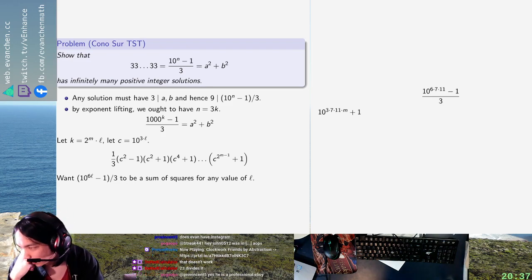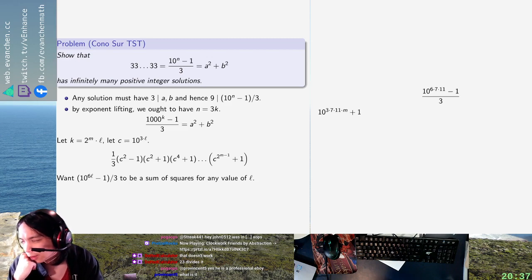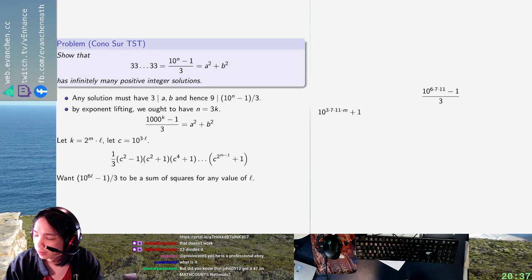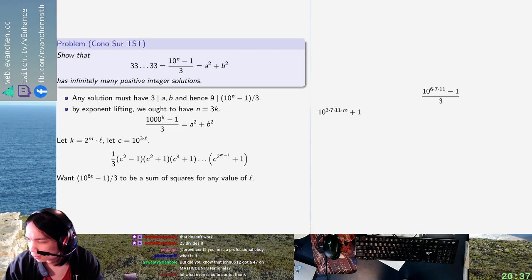What would an odd... n equals 1 is a solution. Does like... Wait, sorry, not n equals 1, 3. Am I supposed to look at parts of 3 instead?